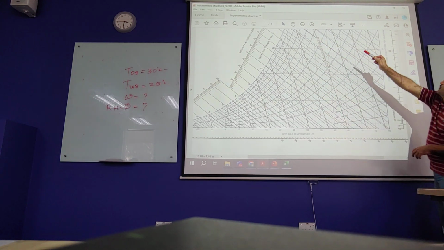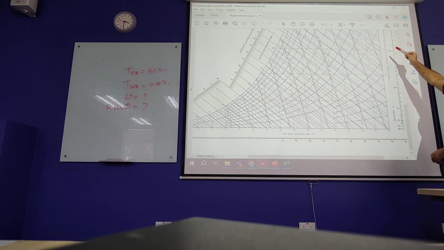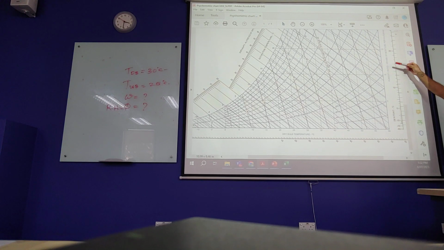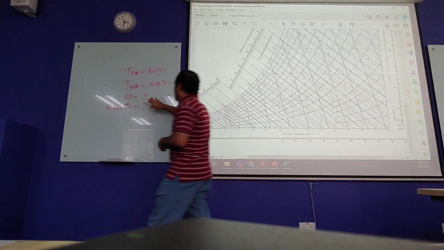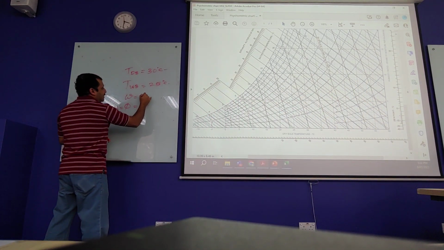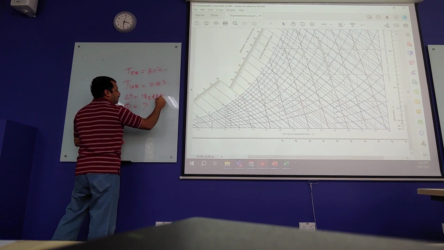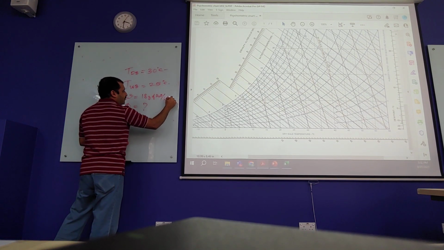Yeah, that point. So corresponding to that, 15, 16, 17, 18, there's 18 grams of water vapor in 1 kilogram of dry air. So your omega is 18 grams of water per kilogram of dry air.